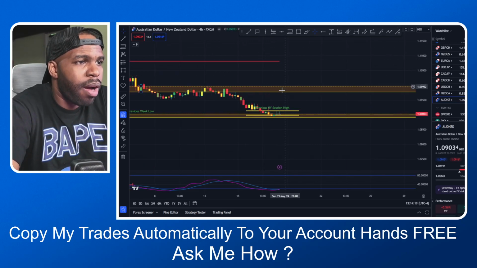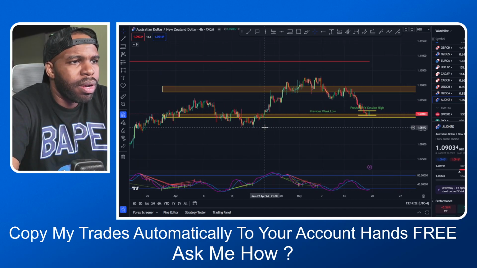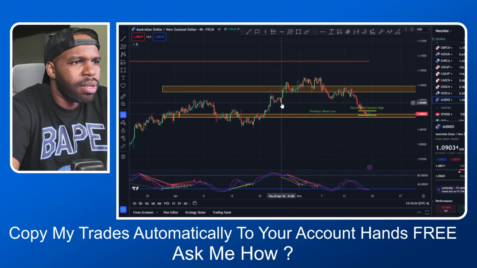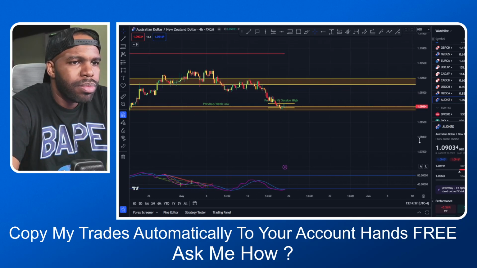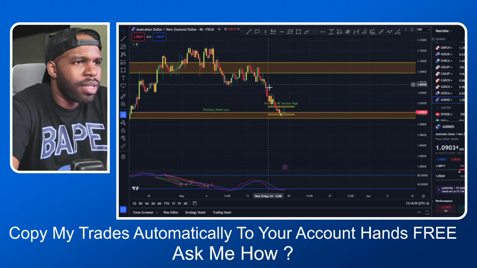Let's see on the 4 hour, where, let's see, high, low, lower low, lower low, lower high. So on the 4 hour, it's telling us that we are in a downtrend.